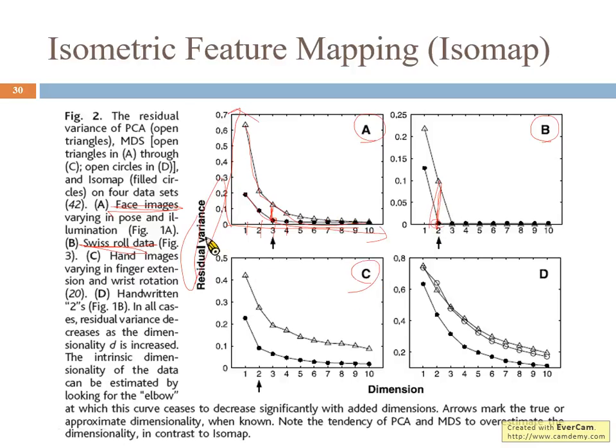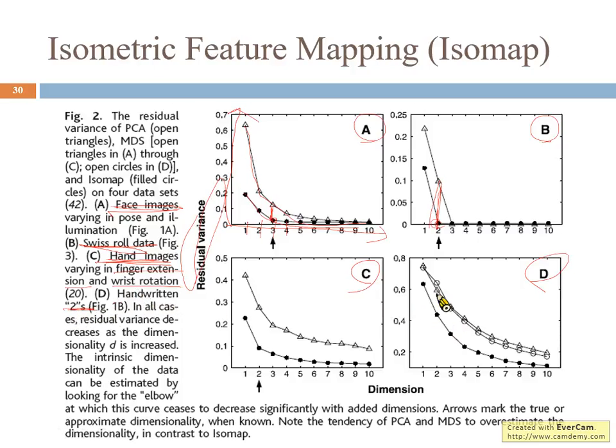In figure C, we use another data set, the hand images, that also have some variation like finger extension and wrist rotation. So here we can also see the high effectiveness of ISOmap. And figure D is the handwritten digits.